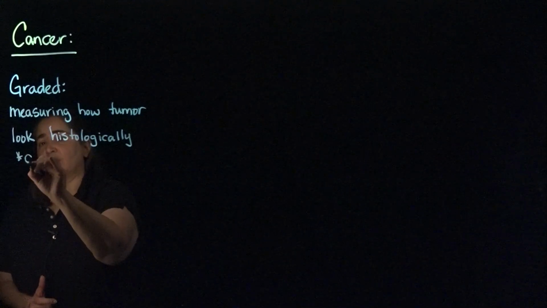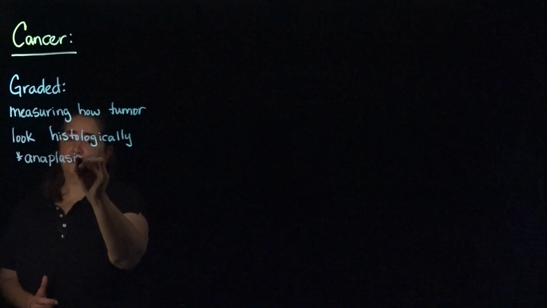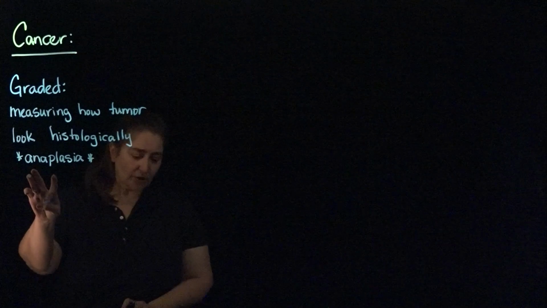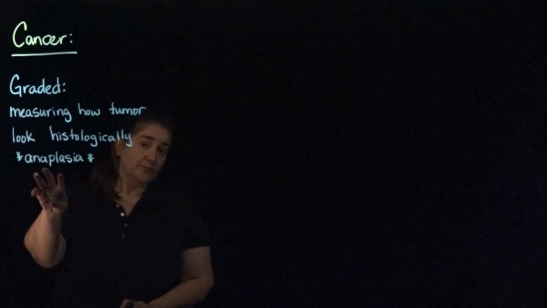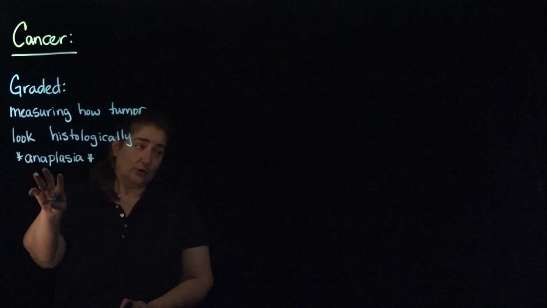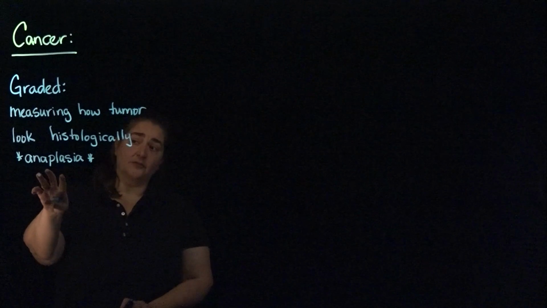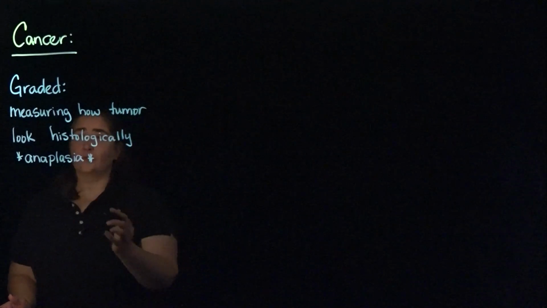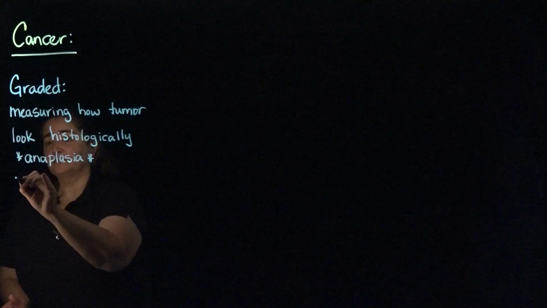So how much anaplasia is there? All right? And that anaplasia is our term for essentially how abnormal the tumor cells look. Okay? So this is looking at the tumor cells themselves histologically. Typically, we've got 4 stages of grading.